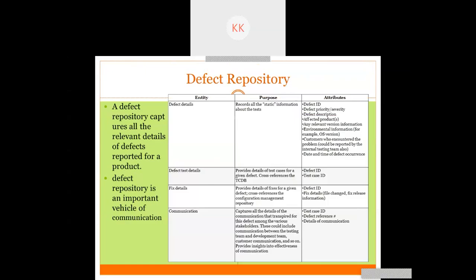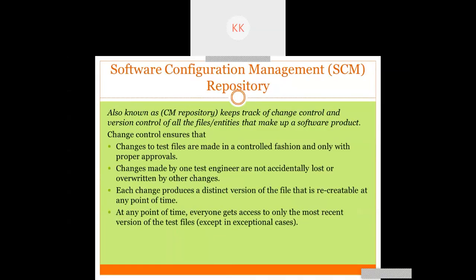Then next is configuration. Software configuration management repository, also known as configuration management repository, keeps track of change control and version. If different versions of software are there, you need to control them. So version control of files, entities that make up a software product. Change control ensures that changes to test files are made in a controlled fashion and only with proper approval.